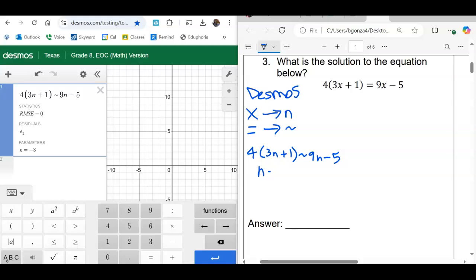We got n equals negative 3, so the answer is negative 3. Okay, that's Desmos. And then by hand, if you want to do it by hand.